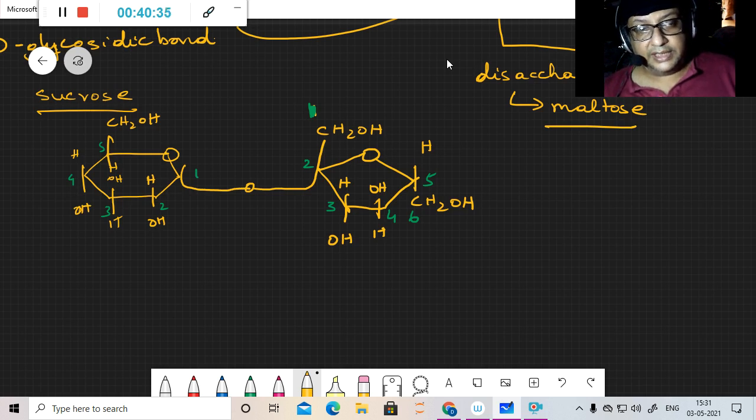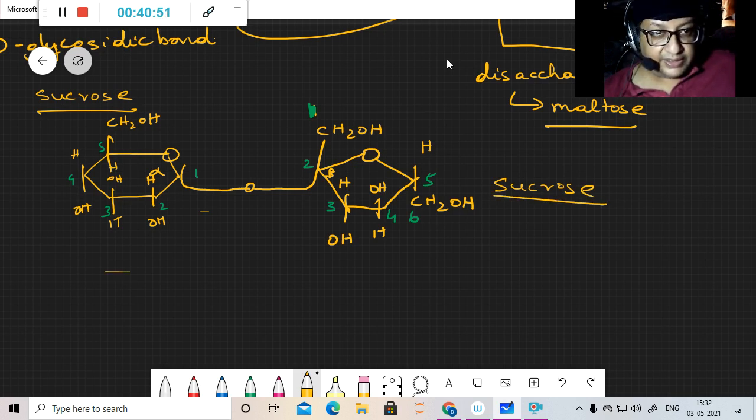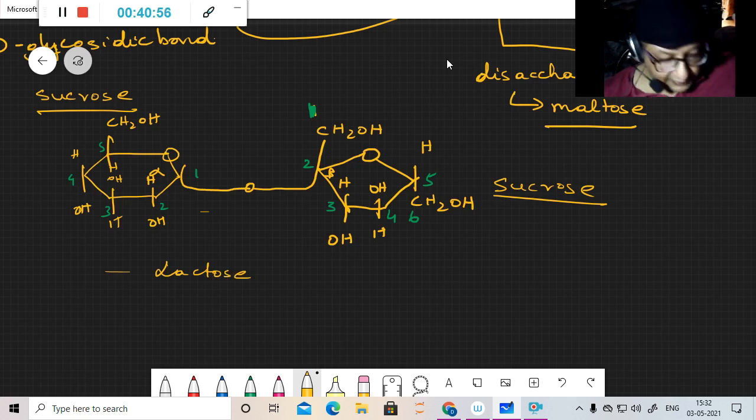The third is the other way around in glucose. So this is an alpha, and this is in ketone, this is a beta. So this is a glycosidic bond in sucrose. Similarly, you have to study the structure of lactose and maltose.